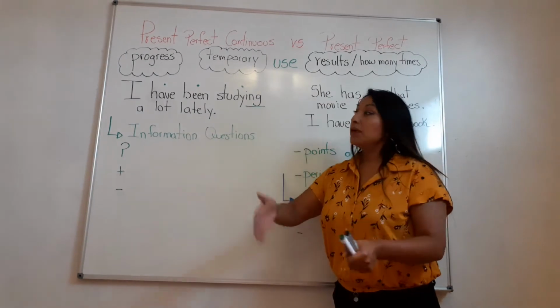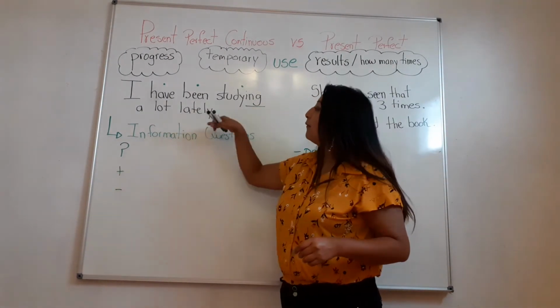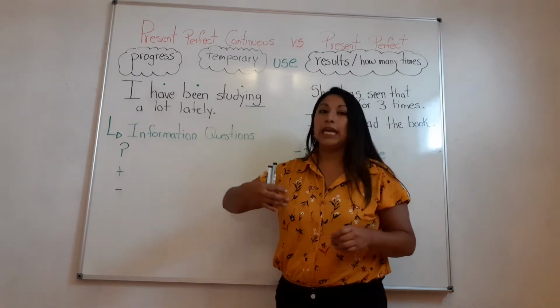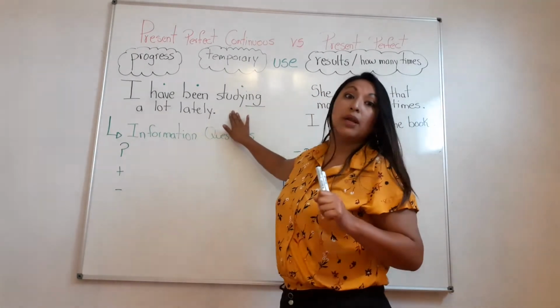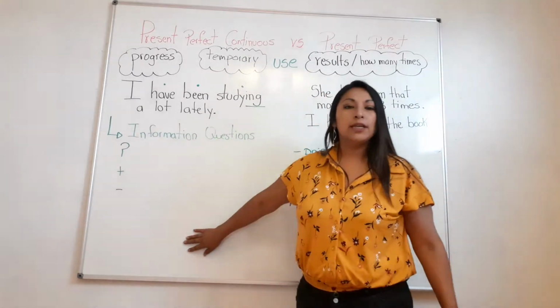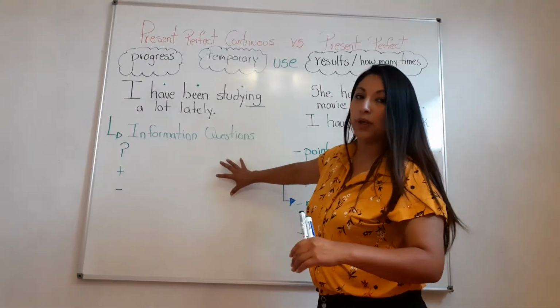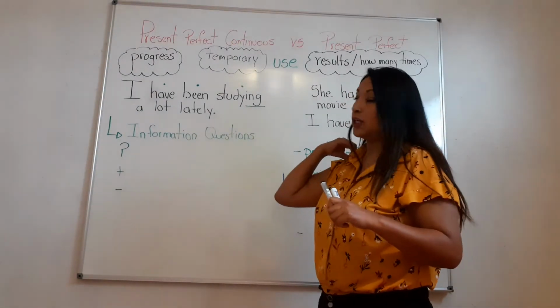Okay, let me read the present perfect continuous example. I have been studying a lot lately. It means that this is a temporary situation, okay? And here I'm gonna show you different examples of how to use present perfect continuous.